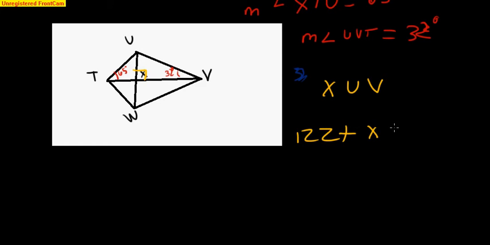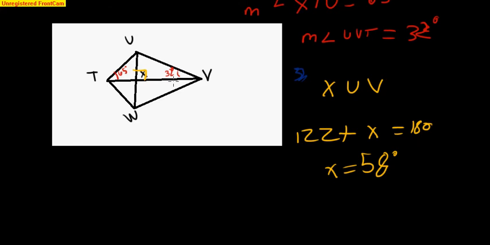Let's say x is equal to 180. So x is going to equal 58 degrees. What I did is subtract 122. You get 122 by adding the 90 to the 32, and you get 58.